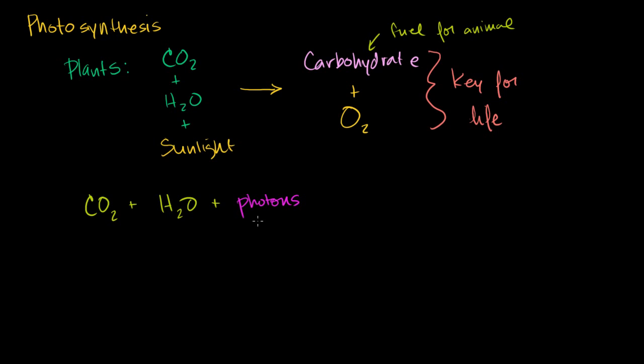That excited electron goes to a high energy state, and as it goes to a lower energy state, we're able to harness that energy to produce ATPs, and you'll see NADPHs, and then those are used to produce carbohydrates, but we'll see that in a little bit. But the overview of photosynthesis: you start off with these constituents, and then you end up with a carbohydrate. And a carbohydrate could be glucose, doesn't have to be glucose.